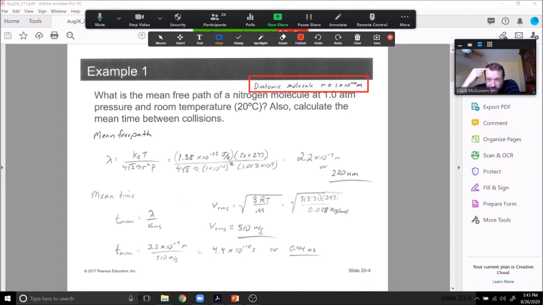There are nitrogen molecules hitting your head at half a kilometer per second, and the ones that hit your head only traveled about 220 nanometers. So anyway, with that speed and this mean free path, you're getting a lot of collisions in a fraction of a nanosecond.